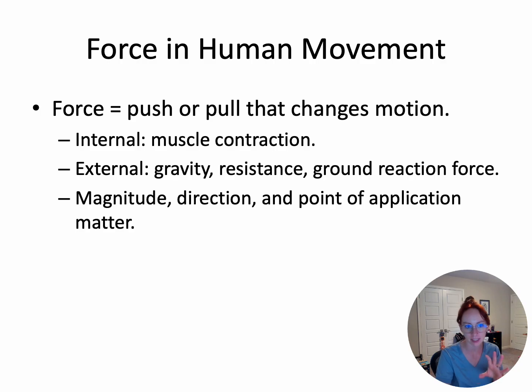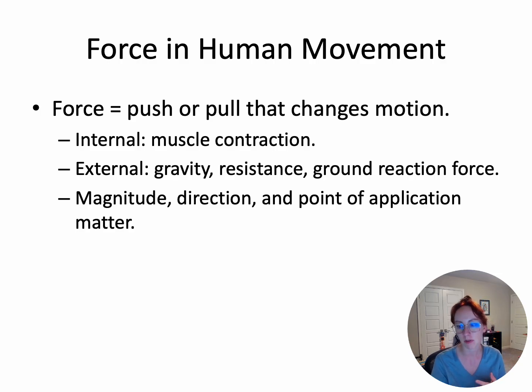So muscles have the ability to push or pull to change motion, changing the position of our joints and bones to do a bicep curl, to do that movement. And then we have external forces, and this can be gravity, resistance, and ground reaction forces.